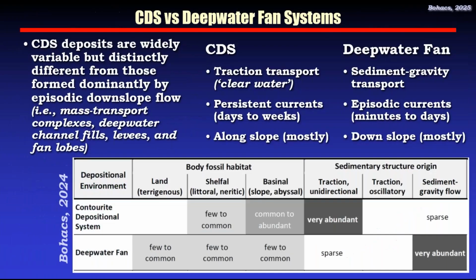In general, contourite depositional systems are characterized by subcritical traction transport in relatively clear water under frequently recurring persistent currents that flow mostly along slope. In contrast, end-member deep water fans are dominated by sediment gravity transport under episodic short-lived supercritical currents that flow mostly downslope.